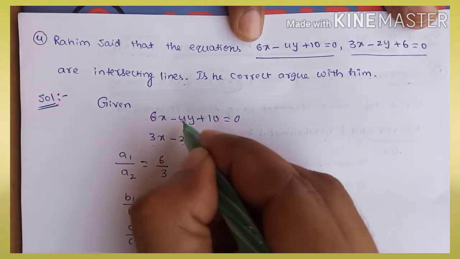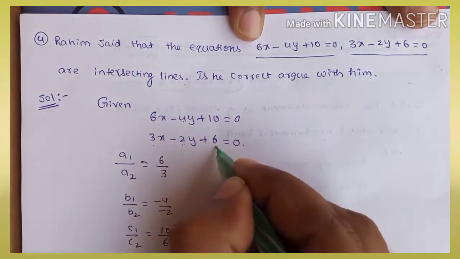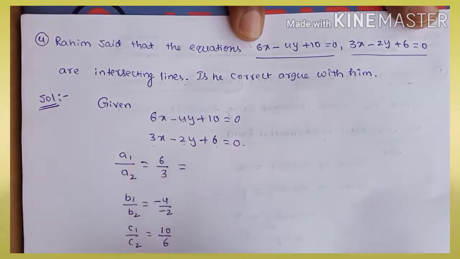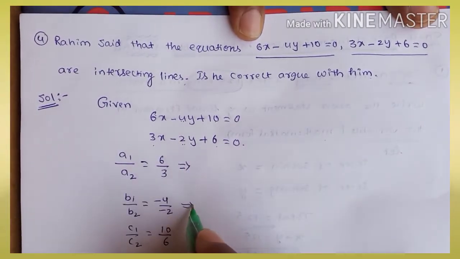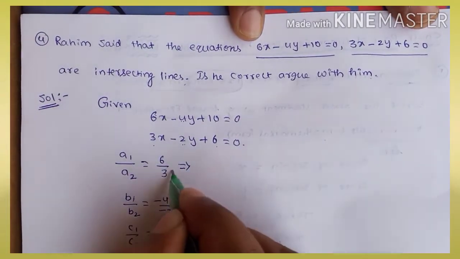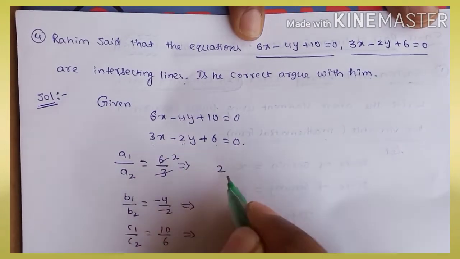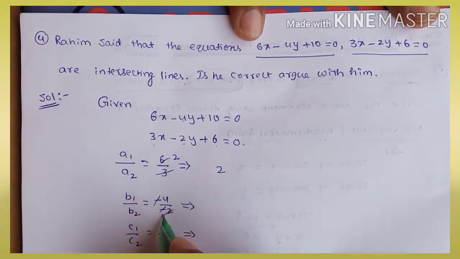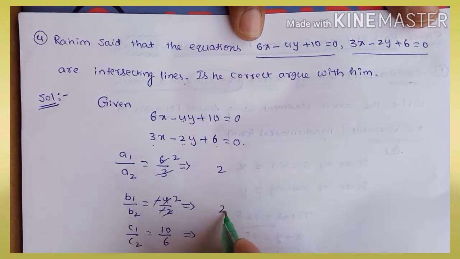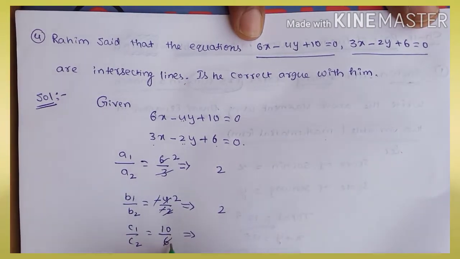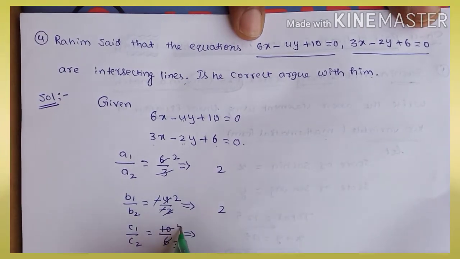You have to consider the signs. Now check the simplified values. 3 1s are 3, 3 2s are 6, you got 2. Minus minus cancel, 2 1s are 2, 2 2s are 4, here also 2. But 2 5s are 10, 2 3s are 6, so 5 by 3.